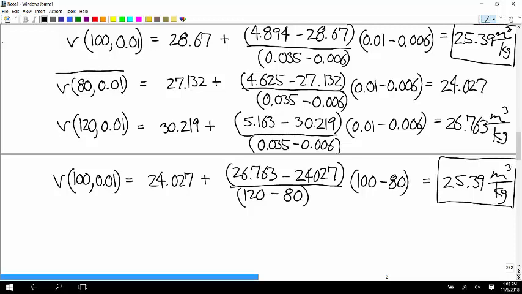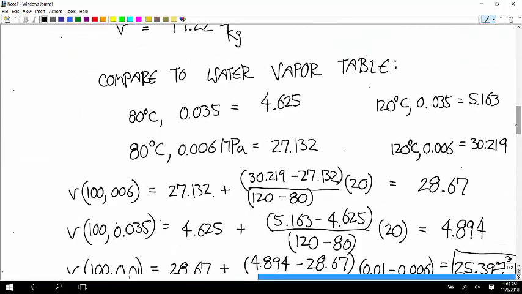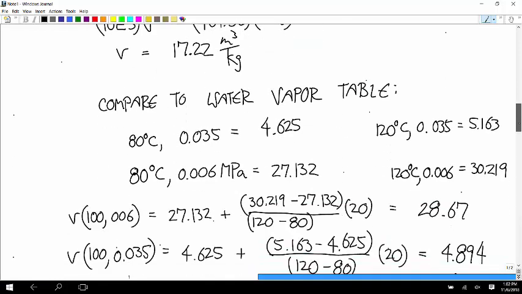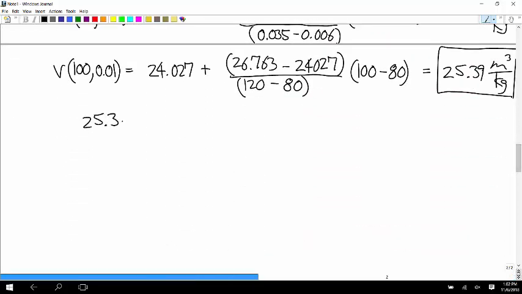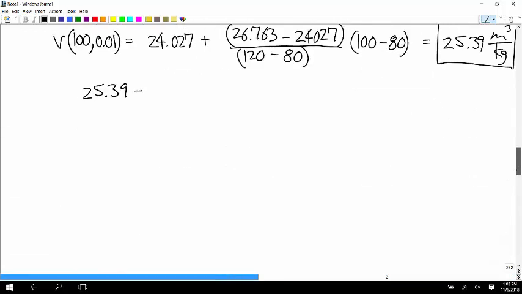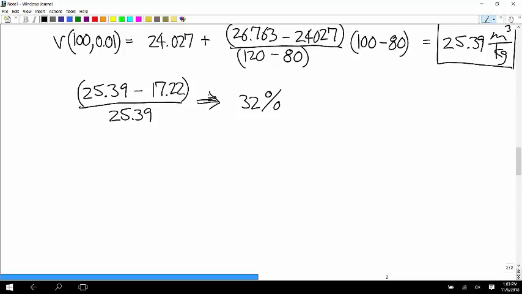And then we're comparing that to an answer of, so 17 compared to, okay, so we have 25.39 minus 17.22 divided by 25.39. 2%, which isn't that great, but as an approximation, I've seen worse approximations than that.